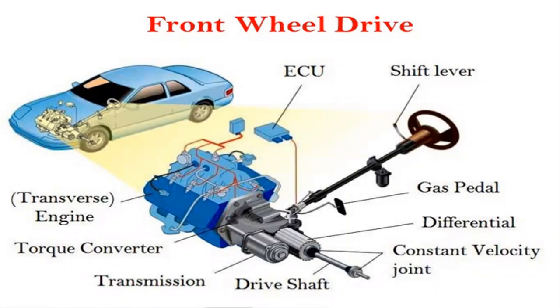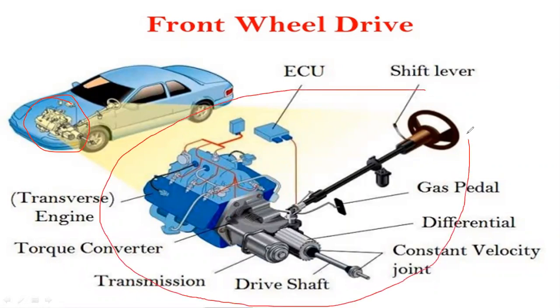So what type of design you can see, you can observe in this automobile vehicle. There is an engine placed in the automobile. That is the engine position, the overall position of the engine in that automobile.